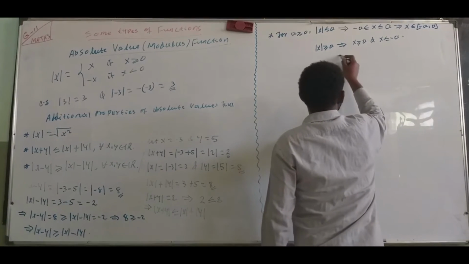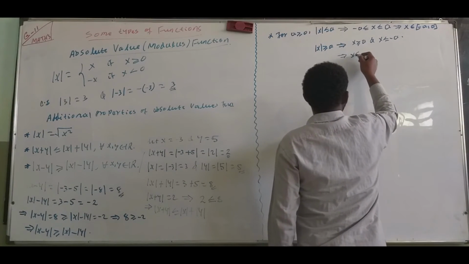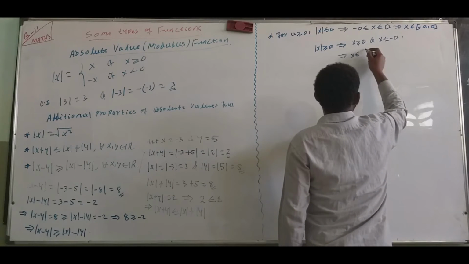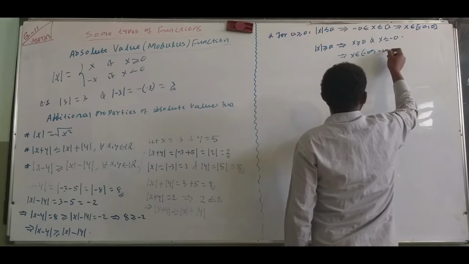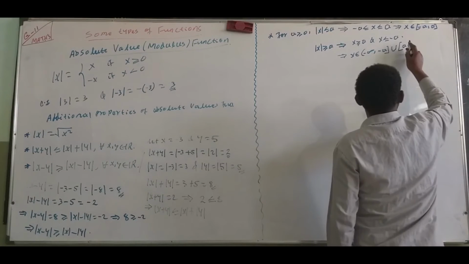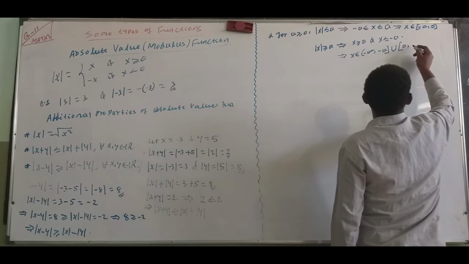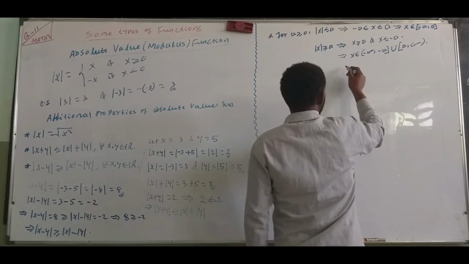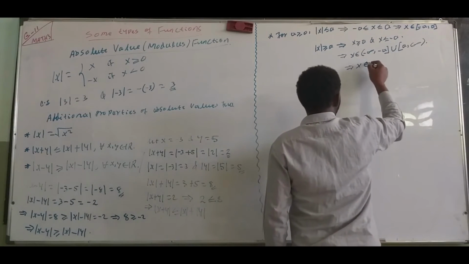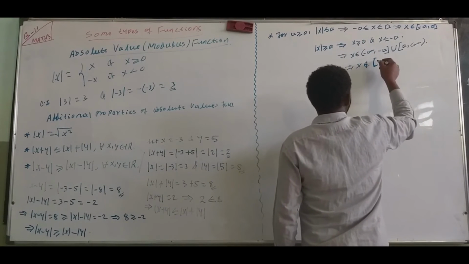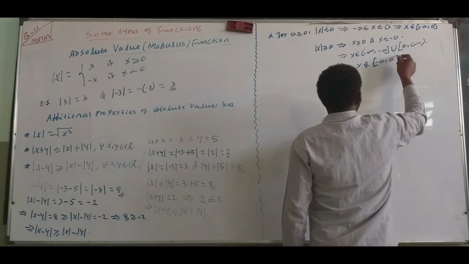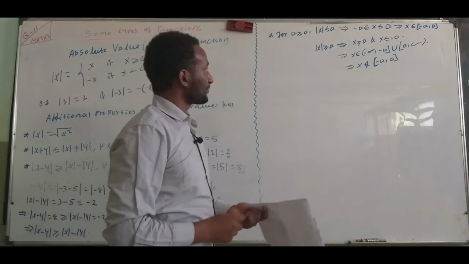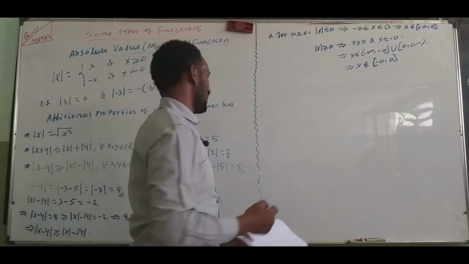That means x is an element of negative infinity up to negative a, union a to positive infinity. That means x is not an element of the interval from negative a to a. Then let us see an example.